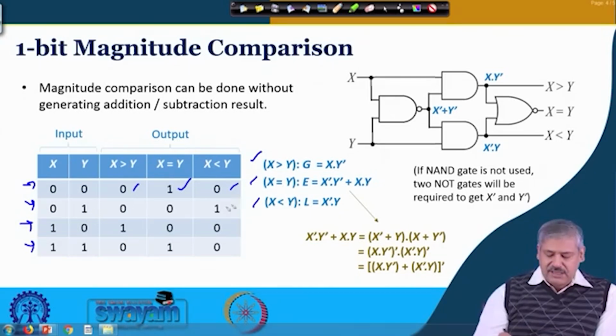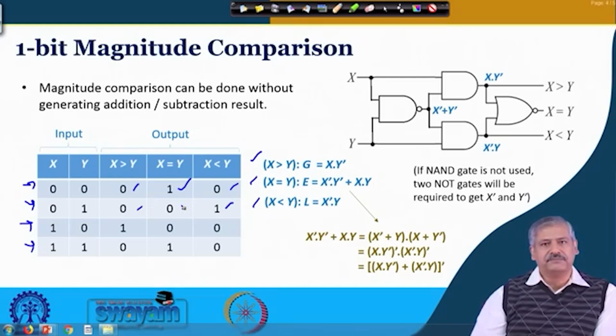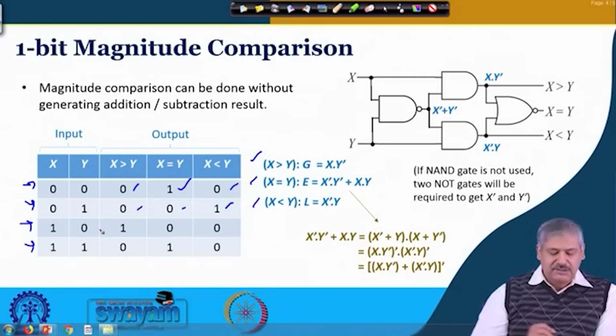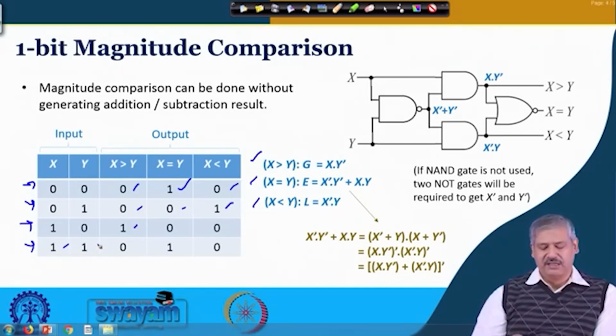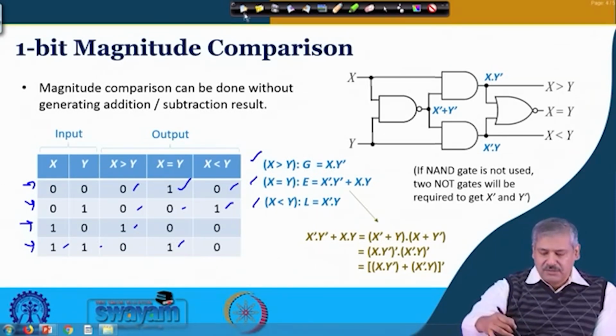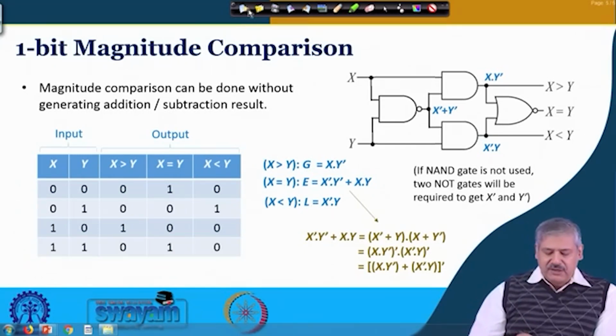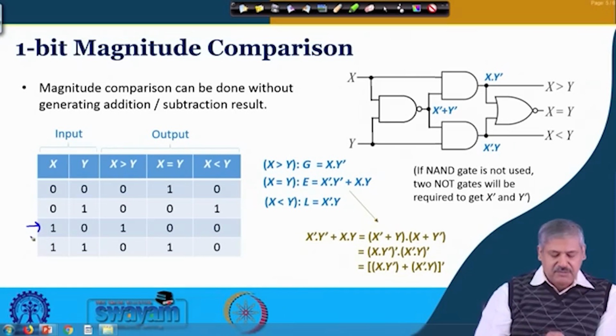So, x less than y is equal to 1 and the rest 2 are 0. x is equal to 1 and y is equal to 0. So, x greater than y is 1, and when both of them are 1, again they are equal. So, the other 2 are 0. Is it fine?